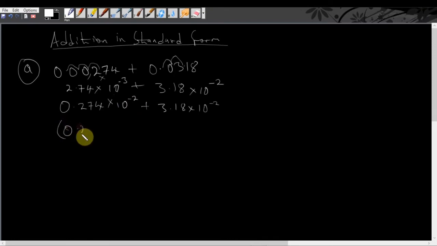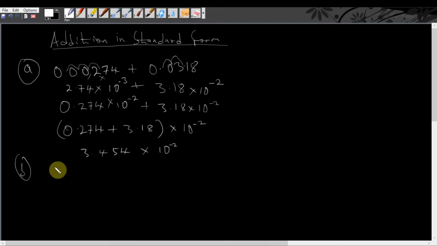This is what I mean. 0.274 plus 3.18, all in parentheses, then multiply by just one of the 10 to the power minus 2. Okay, when you add these two, what are you going to have now? You are going to have 3.454 multiplied by 10 to the power minus 2. This becomes your answer.